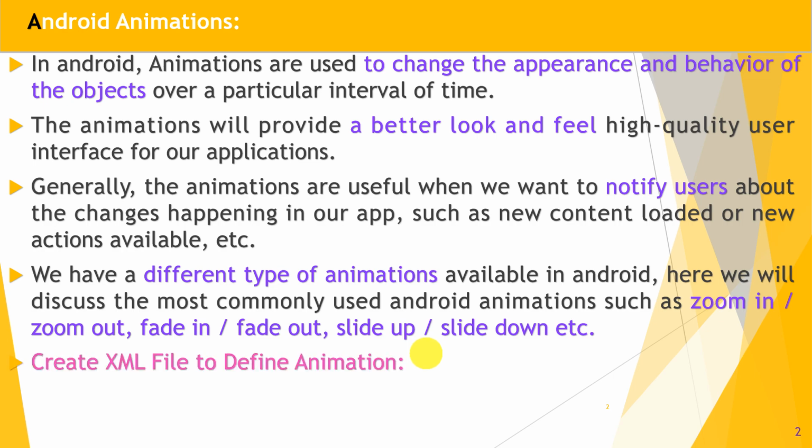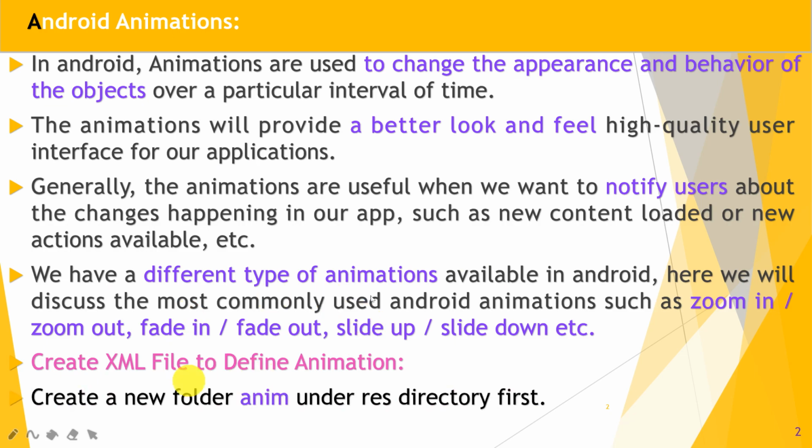So we will see all these effects using Android Studio in upcoming lecture or in this lecture. First, while creating animation, we have to create an XML file to define the animations. For that, the first step is to create a new folder, give it the name anim, under the resource directory.